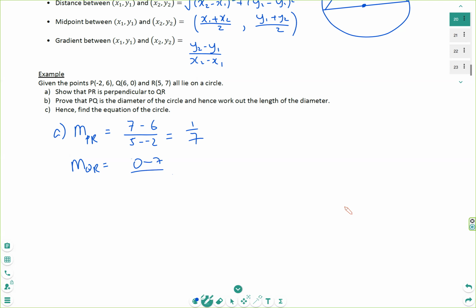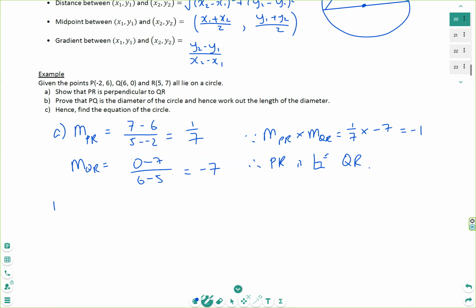The gradient of PR times the gradient of QR is 1/7 times negative 7, which is minus 1. Therefore, PR is perpendicular to QR. I use this symbol in here, a right angle, which means perpendicular.